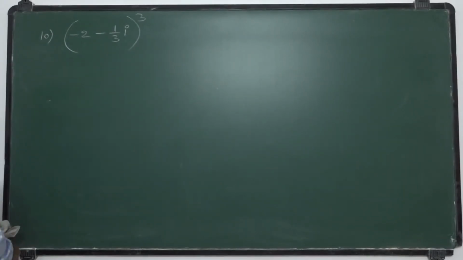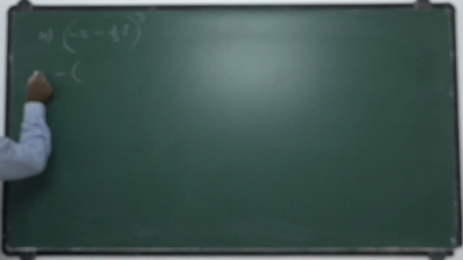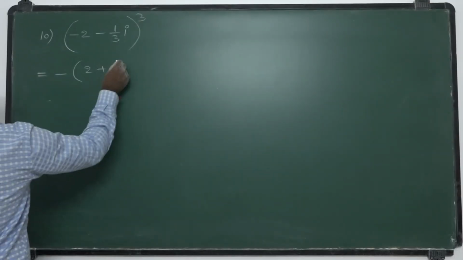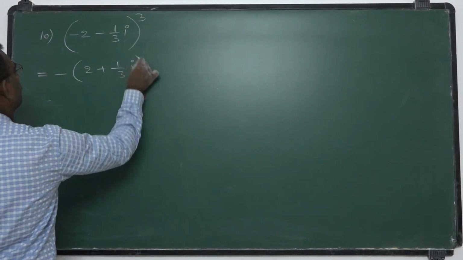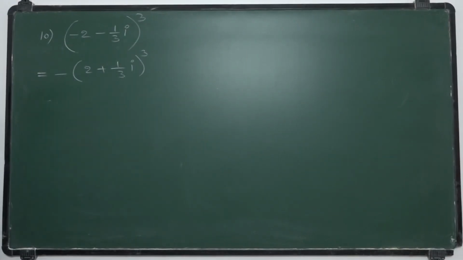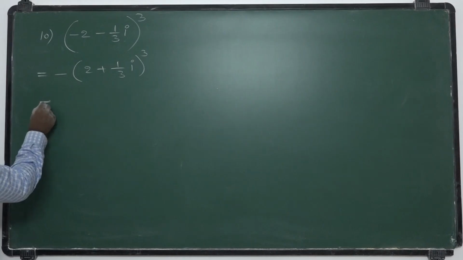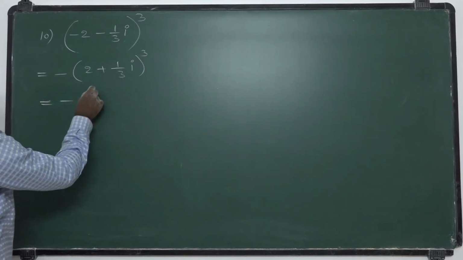The whole cube is minus of (2 plus 1 by 3 i) whole cube. Just taking minus in common, minus 1 whole cube is nothing but minus 1. So this is in the form of (A plus B) whole cube.